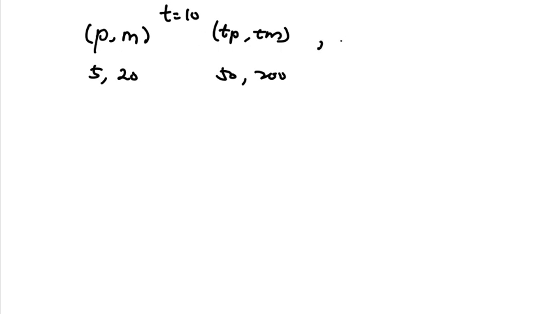Therefore, the bundle at price P and income M was attainable, or feasible, when we choose, instead of this bundle, this one.